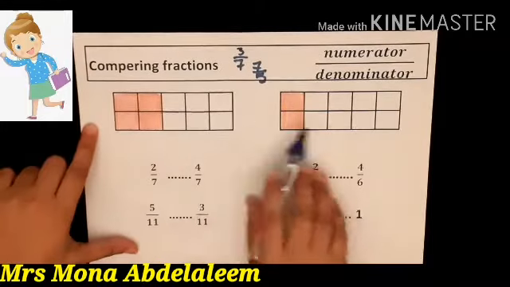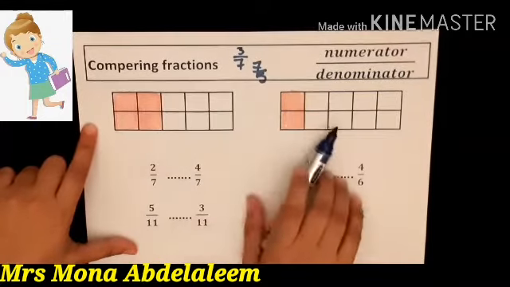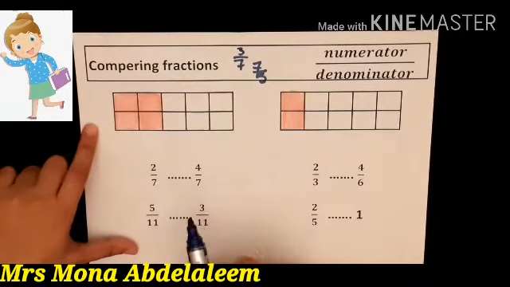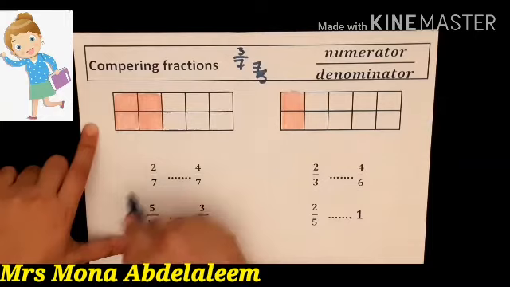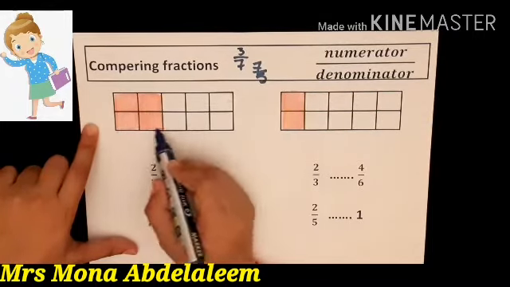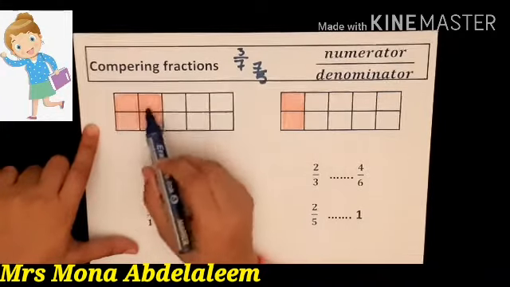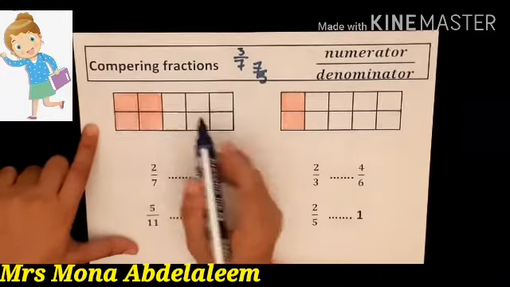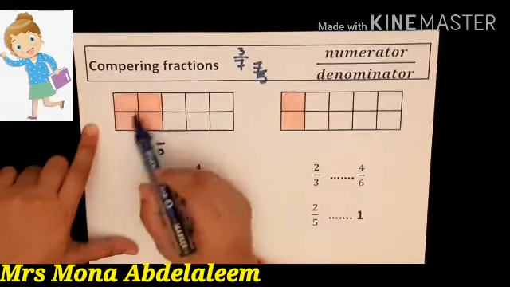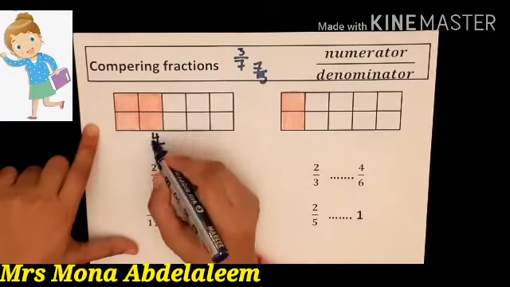Look at the two triangles. The two triangles are equal, and each one is divided into 10 equal parts. Write each fraction. How many parts in all? 1, 2, 3, 4, 5, 6, 7, 8, 9, 10. How many colored parts? 1, 2, 3, 4. So 4/10.